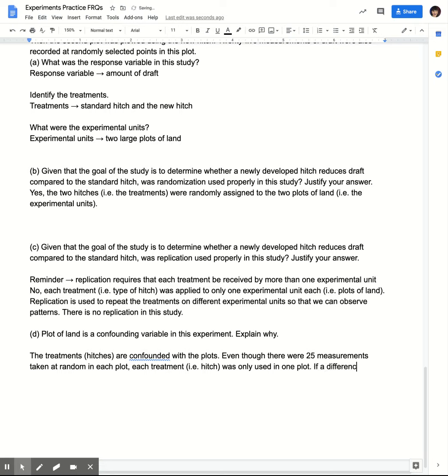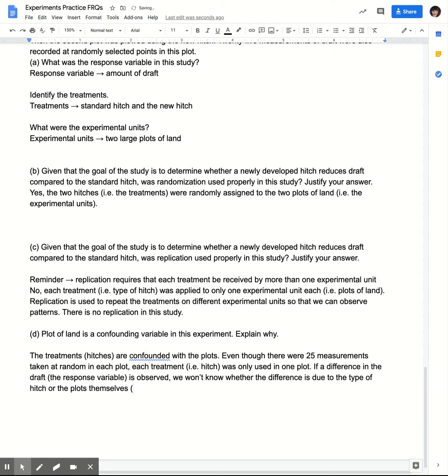If a difference in the draft, so the response variable, is observed, we won't know whether the difference is due to the type of hitch or the plots themselves.